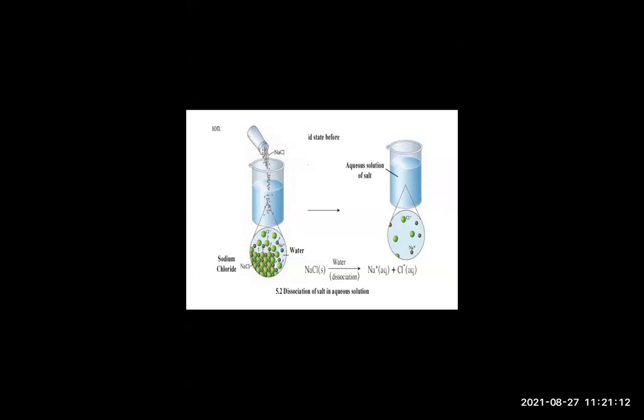When it is dissolving, the water molecules push sodium and chlorine apart, break the ionic bond and separate them from each other. That means NaCl has dissociated in water, forming an aqueous solution. I hope you all understood what I'm saying.